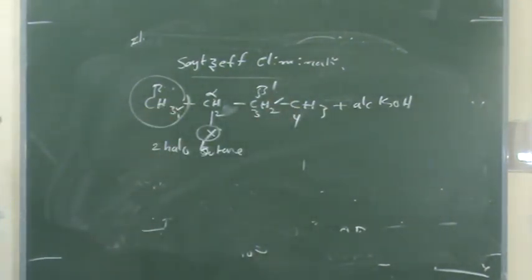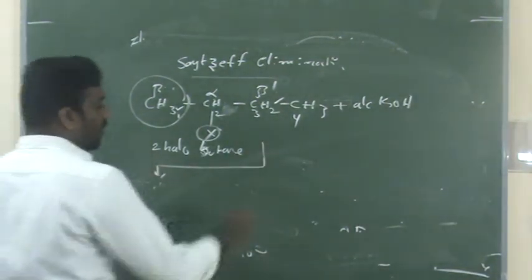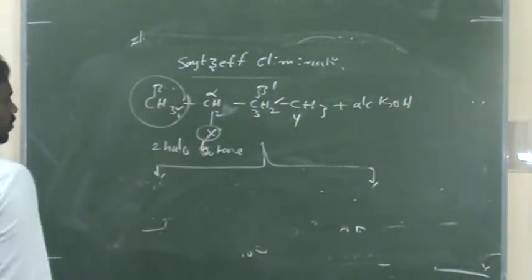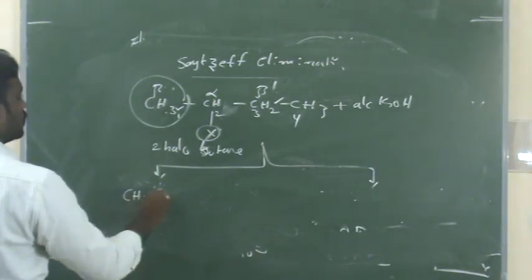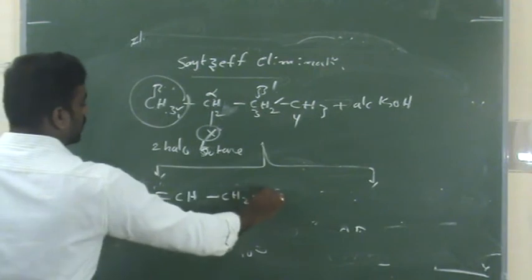So in this case, two products are formed. How are the two products formed? If we remove the hydrogen from this beta position along with X, we get CH2 double bond CH, single bond CH2, CH3.